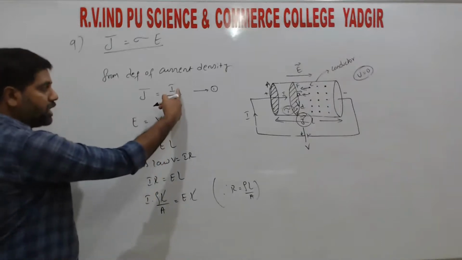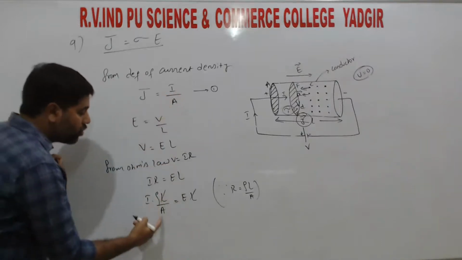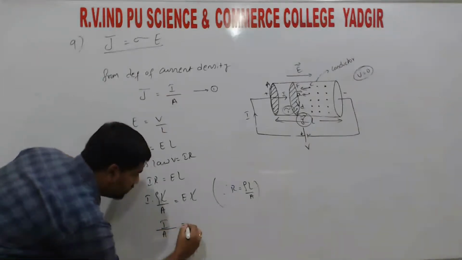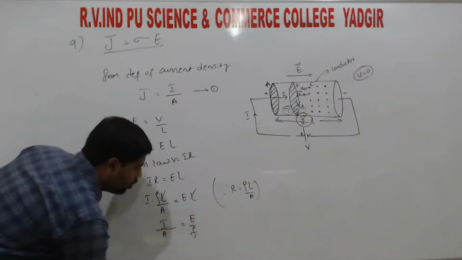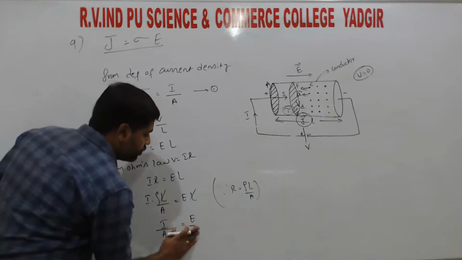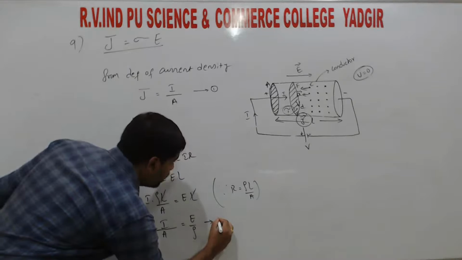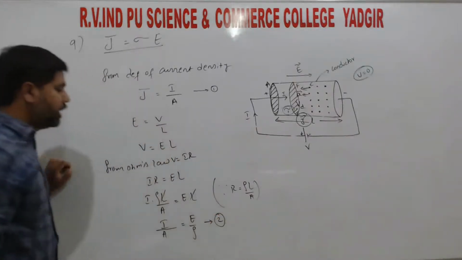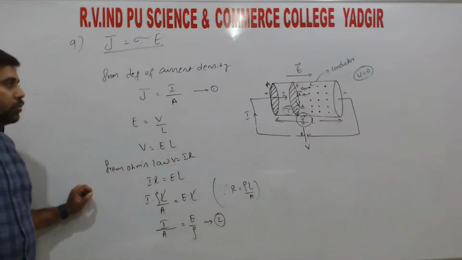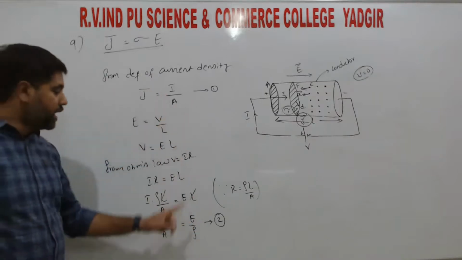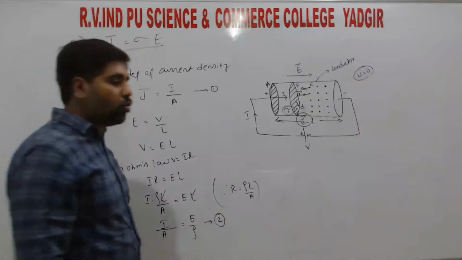So the first relation has I by A. Here also we obtain that, I by A is equal to E by rho. Calling this the second equation, right? So from the first and second equations, in place of I by A we can replace it by E by rho, right?